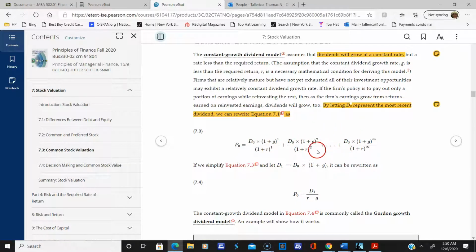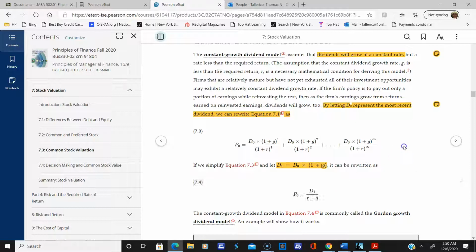We're going to let the next period dividend, and this is very, very important, be written just like it's shown here. You notice how they're writing this.